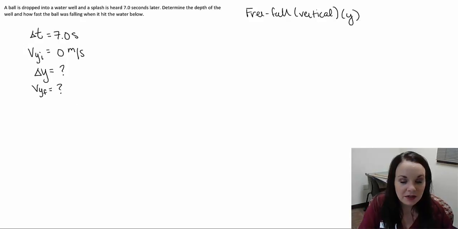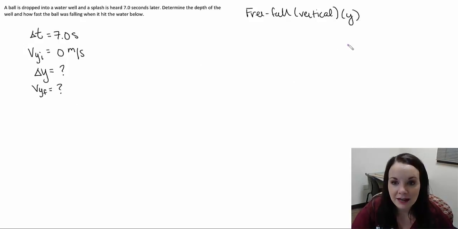So over off to the side, I'm going to list out my three kinematic equations, and these are the ones for the vertical motion, and so I'm going to use y subscripts. So we have one that's the final velocity equals the initial velocity minus g times delta t. Now remember, g is gravity because in the vertical the only acceleration is that due to gravity.